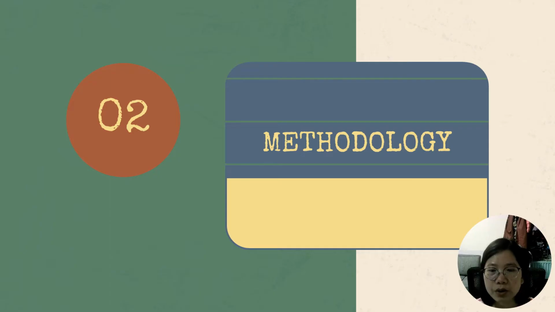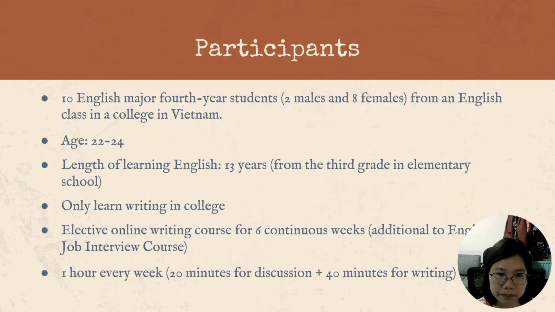Now let's move on to methodology. There are 10 English major fourth-year students from an English class in a college in Vietnam, and there are 2 males and 8 females. Their age is from 22 to 24, and they have been learning English for 13 years, and they didn't learn writing until they entered college.